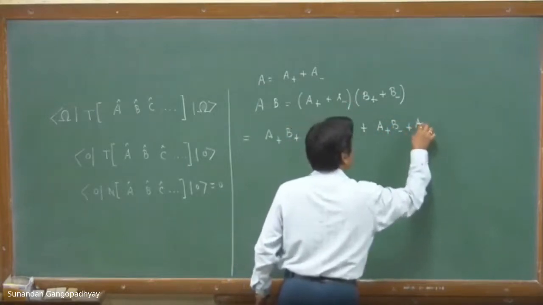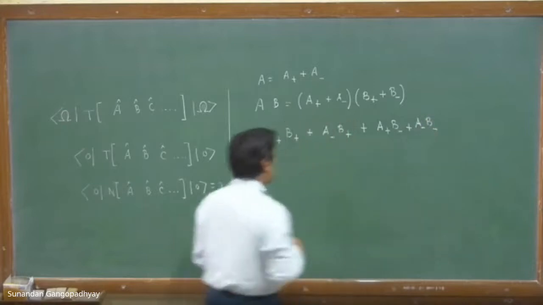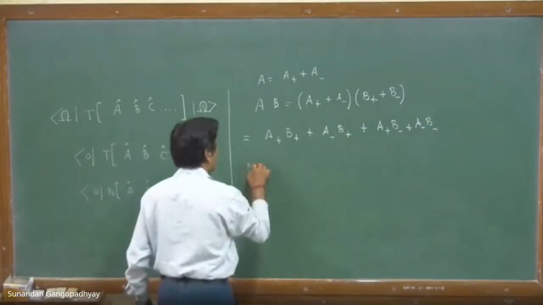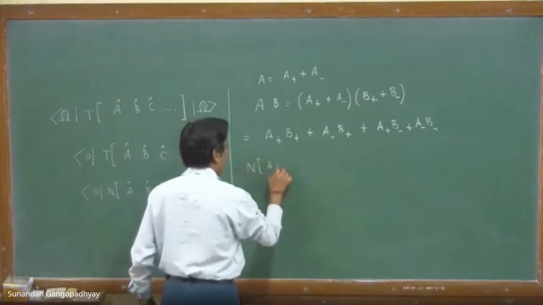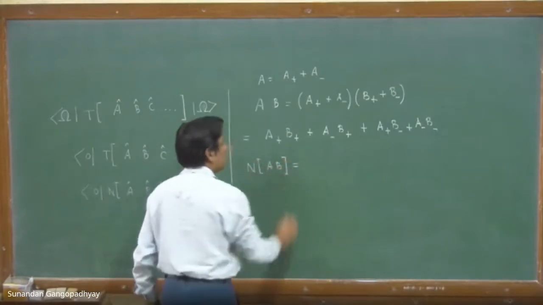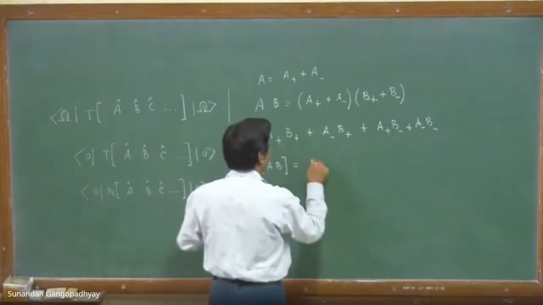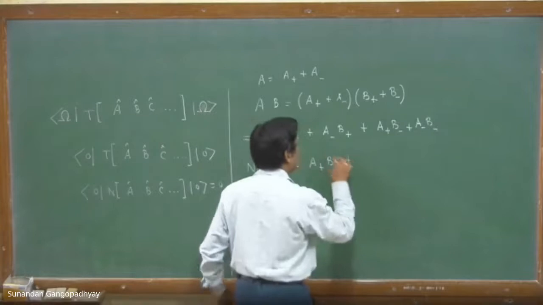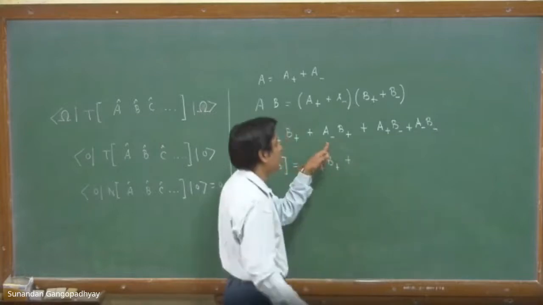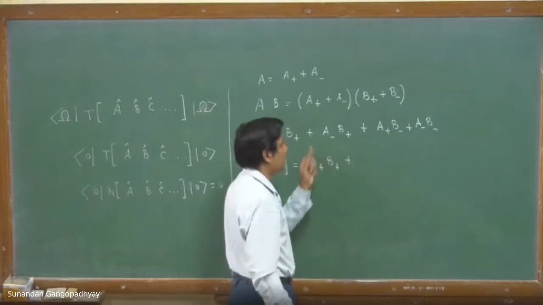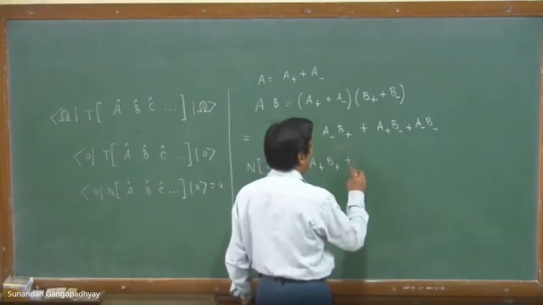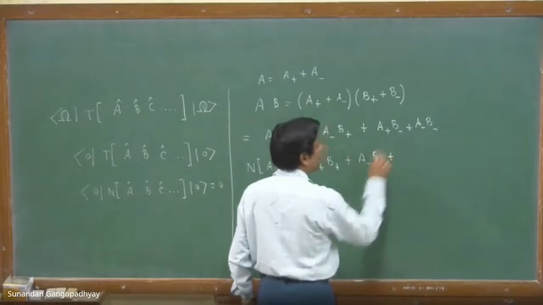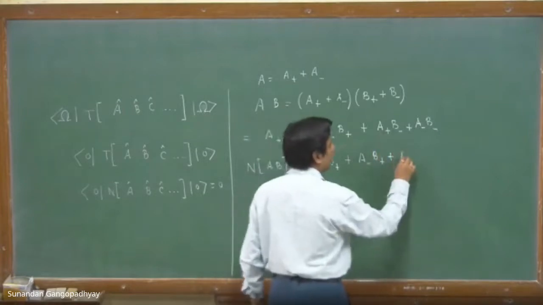Now, if I take the normal order of this, by definition this will remain the same. This will be A plus B plus. This is already in normal order form because the creation operator is sitting on the left of the annihilation operator. This is not normal order, so if you normal order it, it becomes B minus A plus. And this is already in normal order form because both are creation operators.